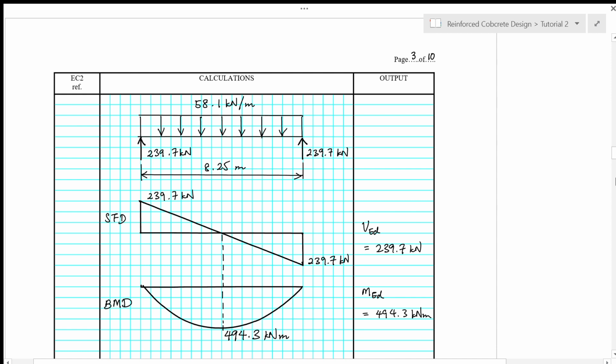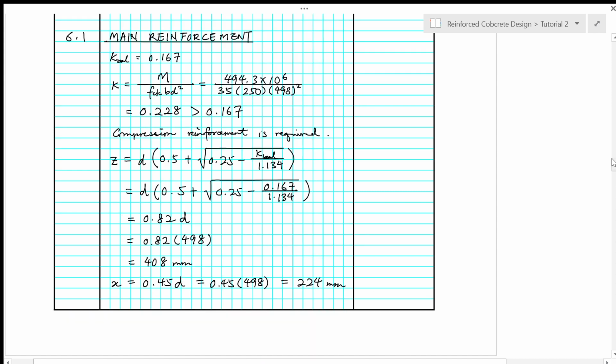Next, we calculate the reactions with the design action on the beam, and then we draw the shear force and bending moment diagrams. So the maximum shear force is 239.7 kilonewton from the analysis, and the maximum moment at the midspan of the beam is 494.3 kilonewton meter.